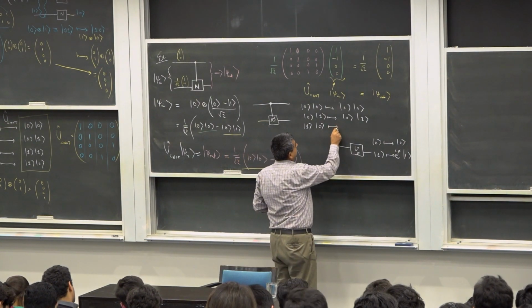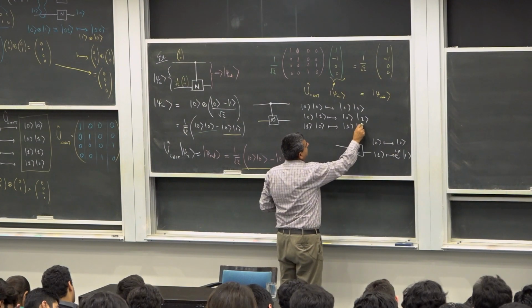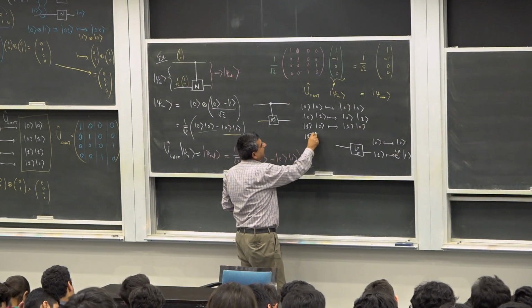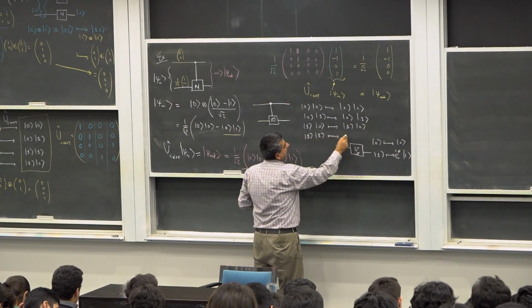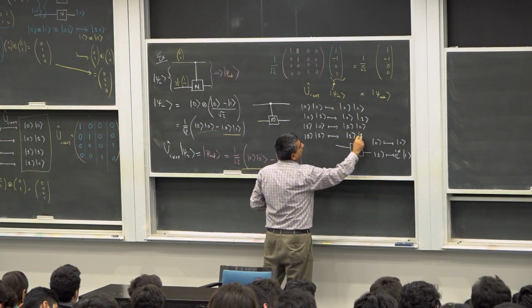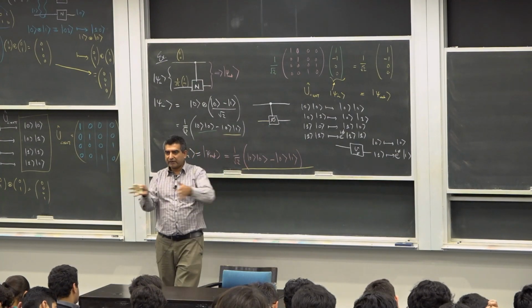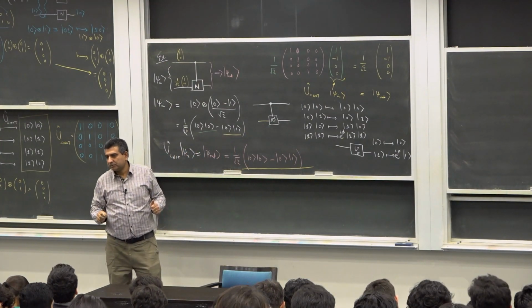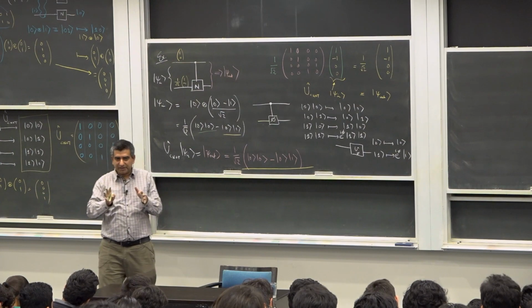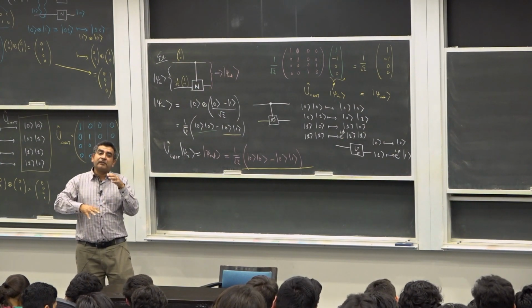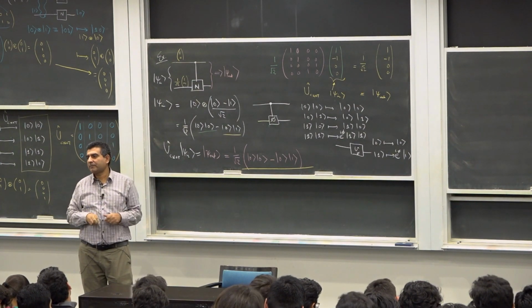So I'm left with 1 0. However, if my input were ket 1 crossed with ket 1, my output is going to be ket 1 with a phase factor. The phase factor is a scalar, so I can write it anywhere. So this is the truth table for a controlled phase gate. Got it?